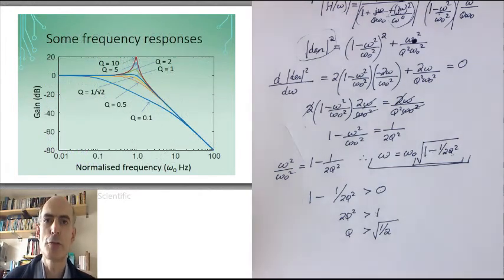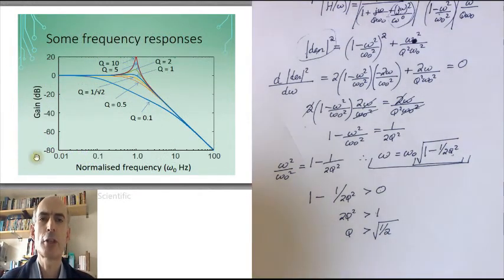And the usefulness of this result perhaps becomes apparent if you look at this series of curves here. The Q equals 1 over root 2 is this one here. You'll see that the gain remains at 0 for as long as possible before it starts moving down.